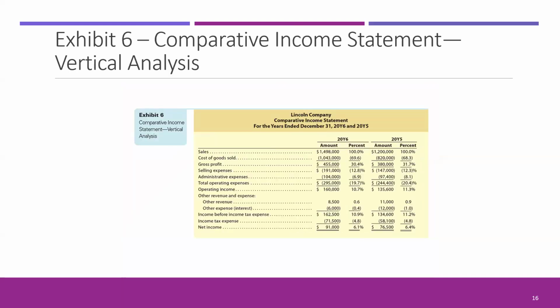And then on the income statement, everything is taken as a percentage of sales. And that also is what gives us our gross profit margin. So gross profit's 455,000, but the gross profit margin is 30%. And then the net income is 91,000, but the profit margin is 6.1%. So gross profit gives us our gross profit margin.